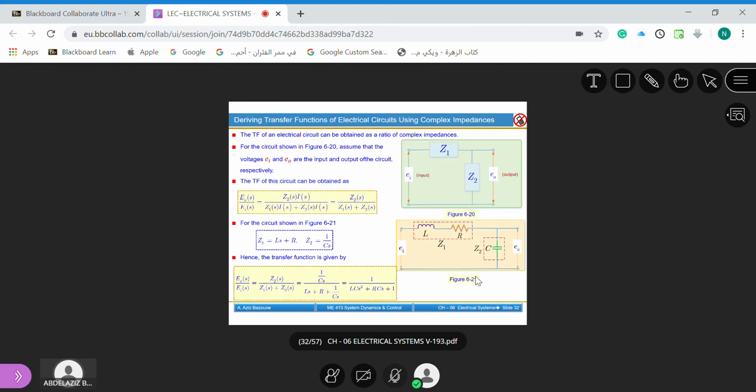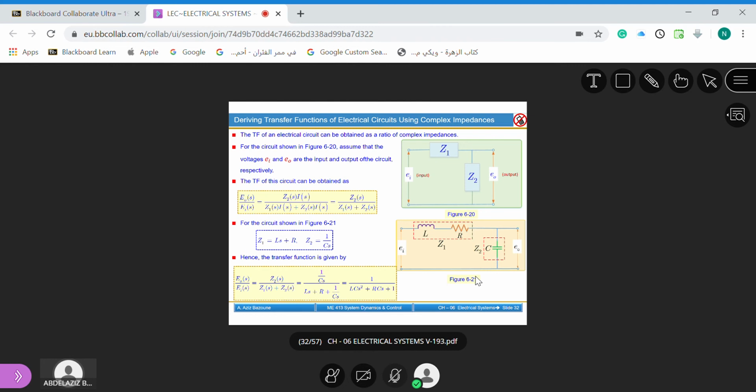The important thing, Shabab, is that we try to bring the circuit to this formula. If we have, for example, Z1 here and Z2 here, impedances.